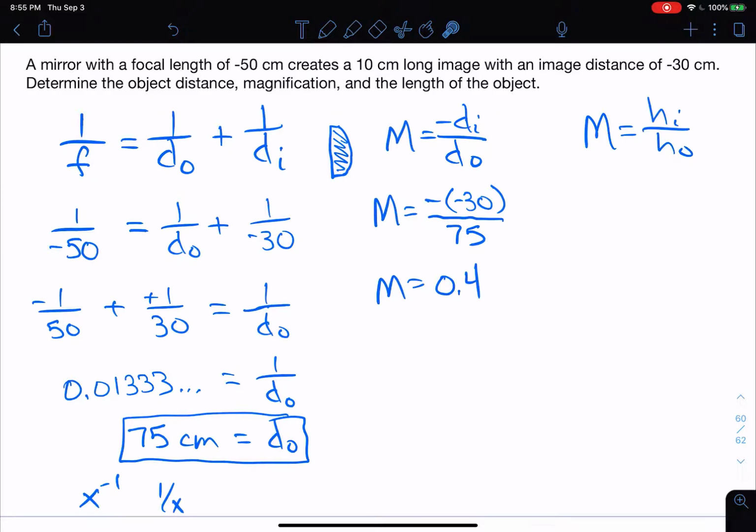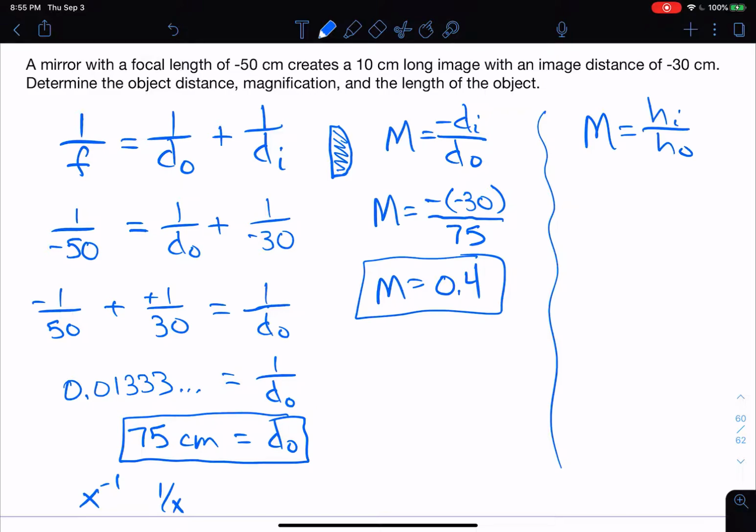That tells me that the image is diminished. So this is the magnification. I should also point out the magnification came out positive. Because the magnification came out positive, that tells me the image is upright, and that's not a surprise either because it's a virtual image, and virtual images are upright.